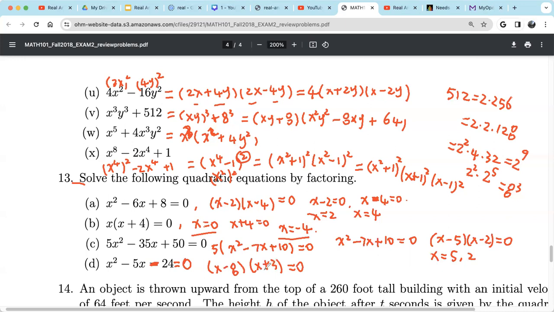So 3 is positive, 8 is negative, so we get (x minus 8)(x plus 3). The middle term will have -8x plus 3x, which is -5x. Well, this also gives us 2 solutions, +8 and -3. So quadratic equations can have 1 solution or can have 2 solutions, but they cannot have more than 2 solutions. So at the most, 2 solutions.